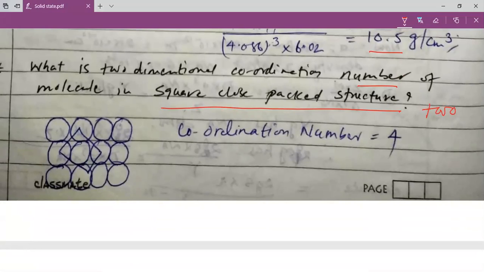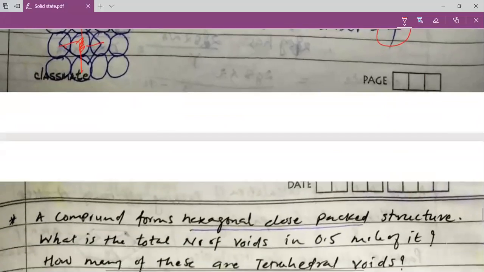It is clearly asked that in 2 dimensions, what is the coordination number? You can see when we arrange the atoms in 2 dimensions, each particle is in direct contact with 4 other particles, and that is why we can say that the coordination number is 4.